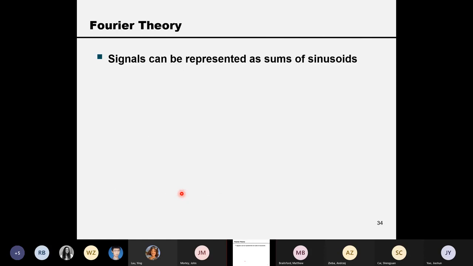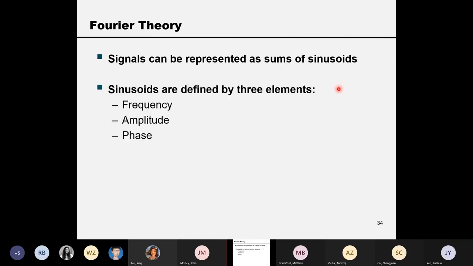All right, so let's summarize the Fourier series here. First of all, any signal, not only seismic signals, any signal can be represented by a sum of cosine function plus i sine function. It's complex valued, okay? And these sinusoids are defined by three key parameters.